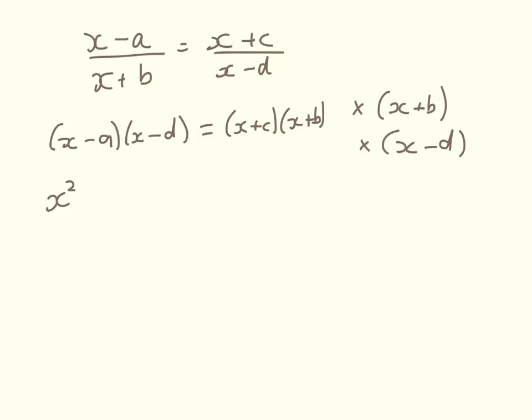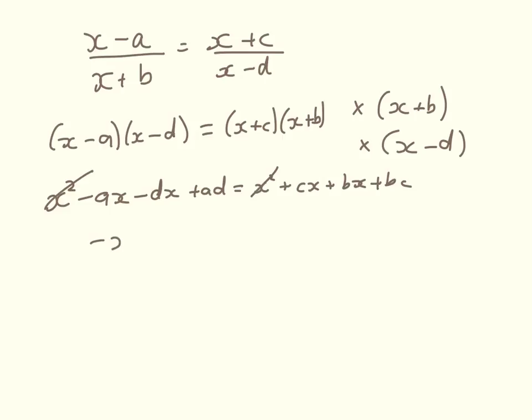So here we get x squared minus ax minus dx plus ad equals x squared plus cx plus bx plus bc. I can subtract x squared from both sides, and I'm going to collect up like terms.